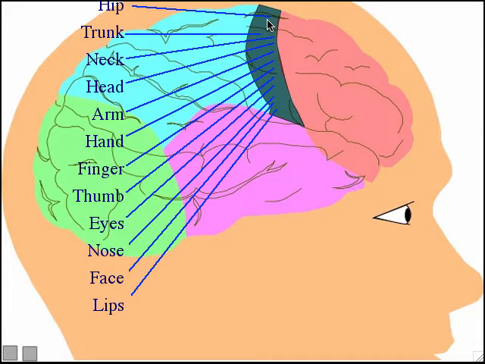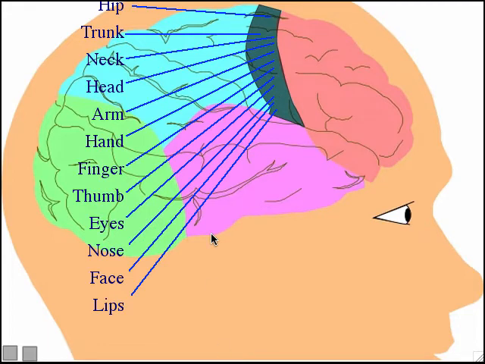Like if somebody were to touch your hips, the touch nerve signals from the hips arrive at that part of the primary sensory area. And if someone were to touch your neck, that part of the primary sensory area receives those neck touch signals. And if someone were to touch your nose, it looks like that right there is the exact part of the primary sensory area where the touch signals on your nose arrive and are processed.